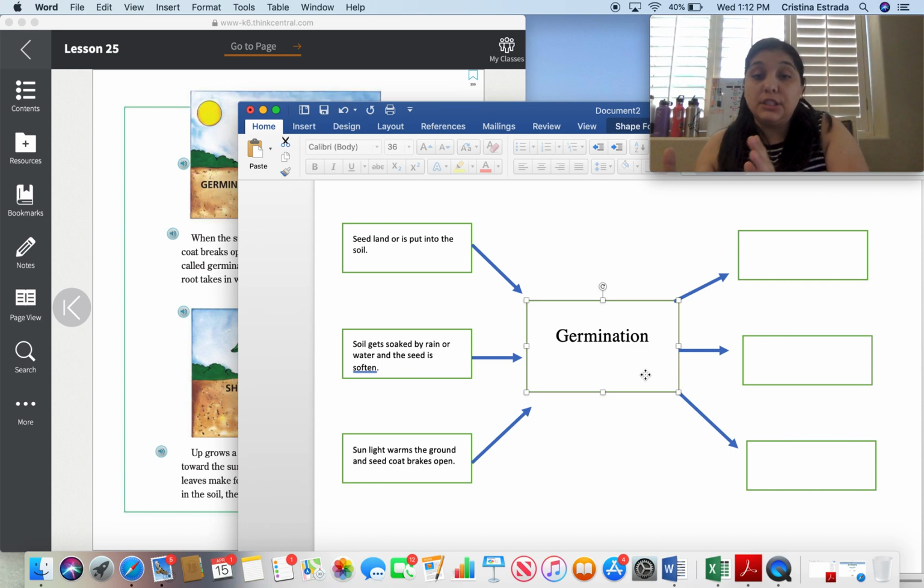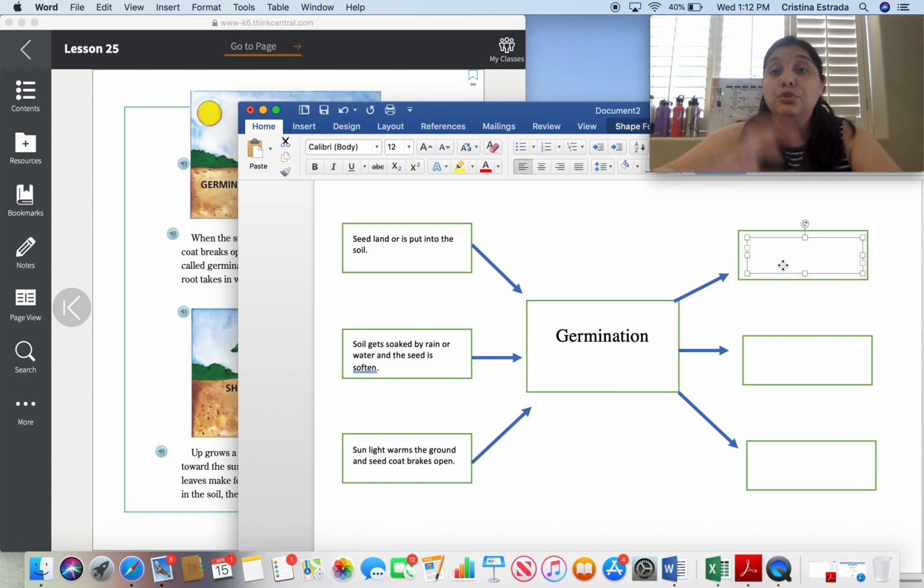Now, germination has its own things that it affects. So that causes the root to begin to grow. So the root grows down into the soil, and that's how the plant gets its food, from that root, and the water from there as well.